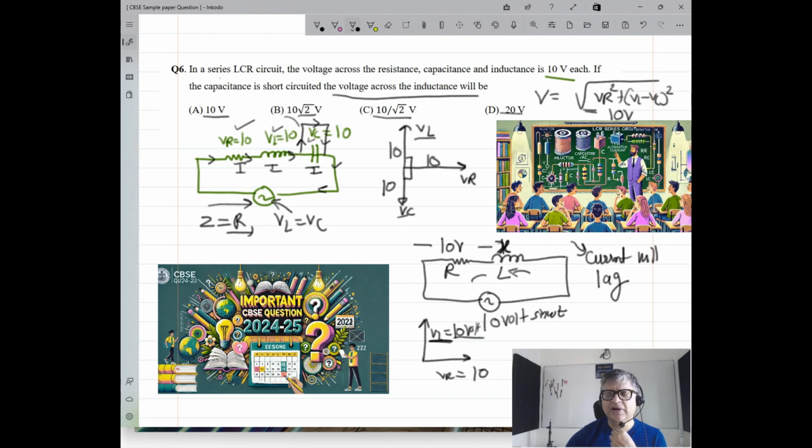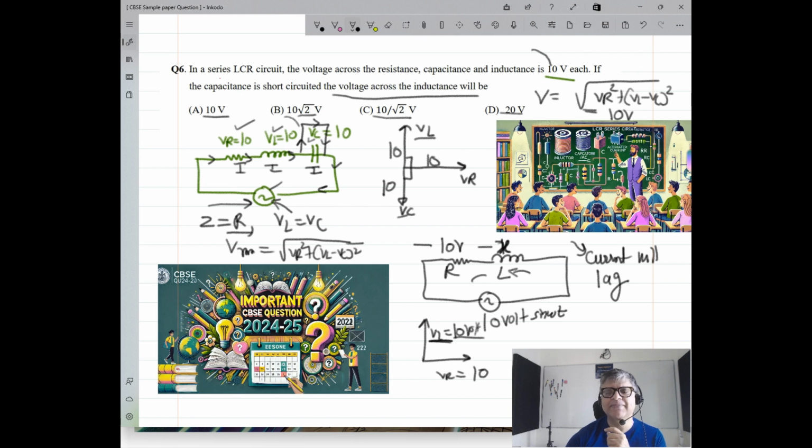So it is not a very difficult problem, but it looks very tricky because generally when we do a lot of questions, the voltages of the capacitor and inductor are different. So finding the applied VRMS, which is the applied signal, comes naturally. It comes like the square root of VR square plus VL minus VC square.